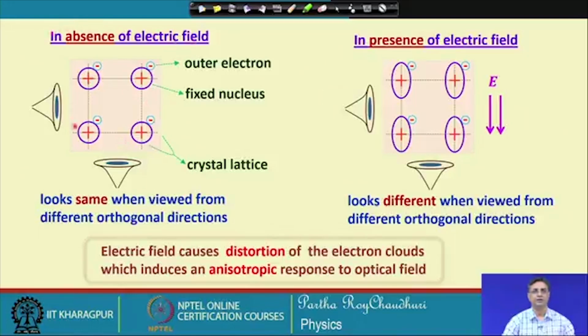So, there is no effect of the electric field onto the crystal. As a result, when you look at the crystal from any direction, it does not appear to be different. So, it looks same when viewed from different orthogonal directions.